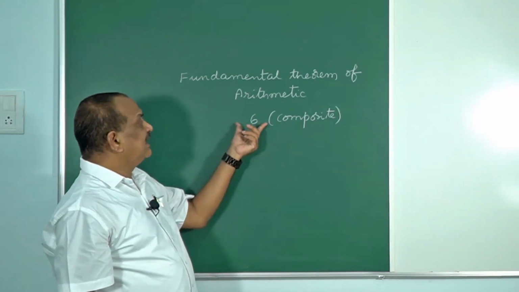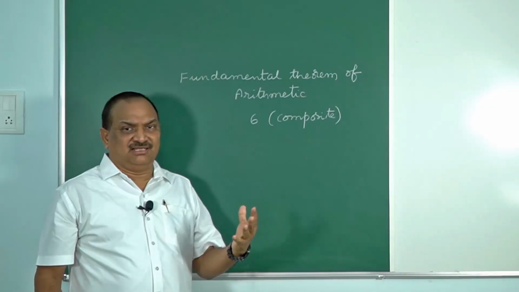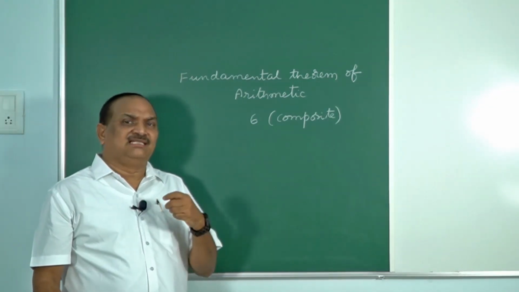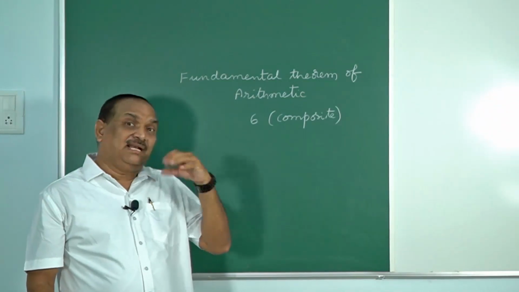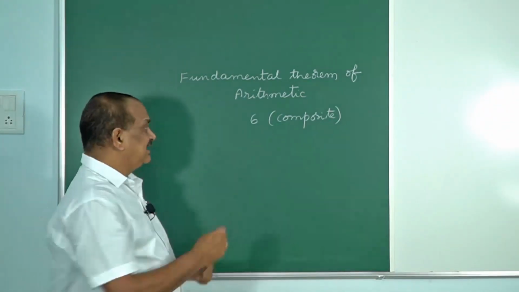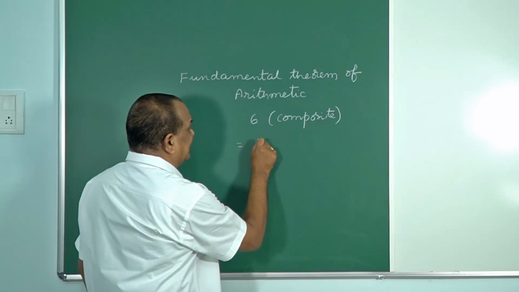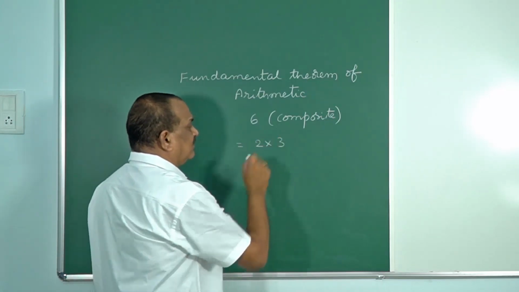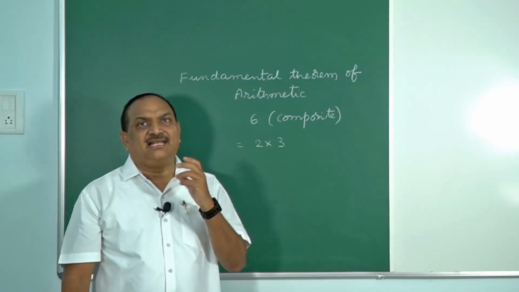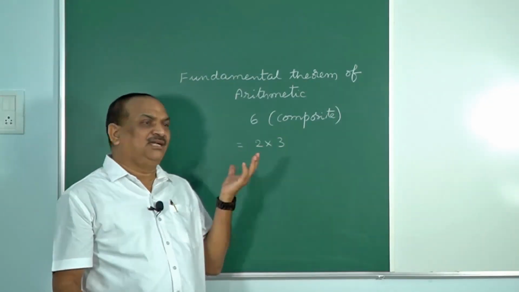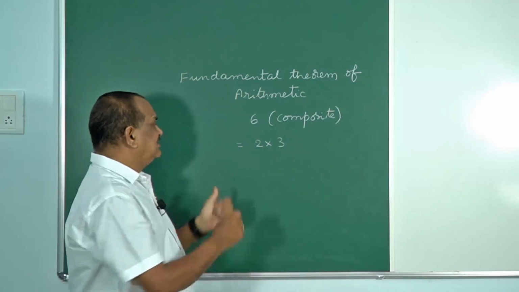You can write this 6 as 6 times 1. Everybody knows that, because 6 comes in its own table and also in the table of 1. But you can write it in some other way also, like you can write this 6 as 2 times 3. Don't say 2 into 3. Into is only the name of the symbol. Better you call it 2 times 3, and that is your 6.